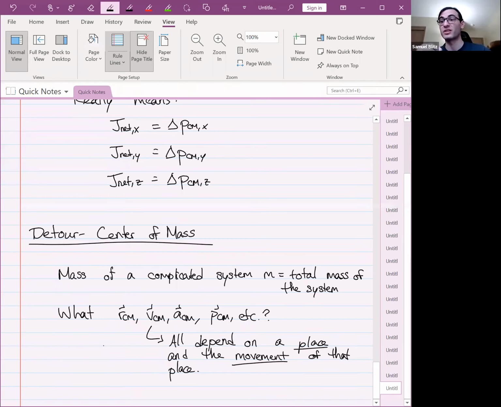If you just have a single object, it tells you where that object is in space. And v and a tell you how that place moves through space. But if your system is more than one object, if it's a phone and a pen, what place does r refer to? What motion do v and a refer to?